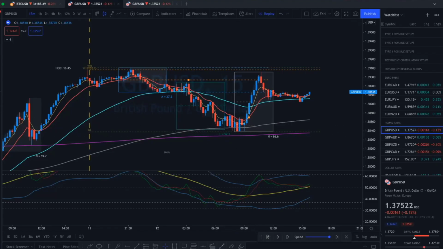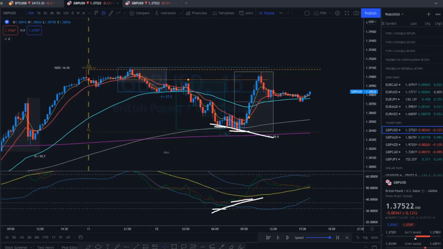But again, look where you are. That's the first leg, that's the second leg, the second leg is like all the way up here. So you have more divergence. Price action is in the right place. It's down here.